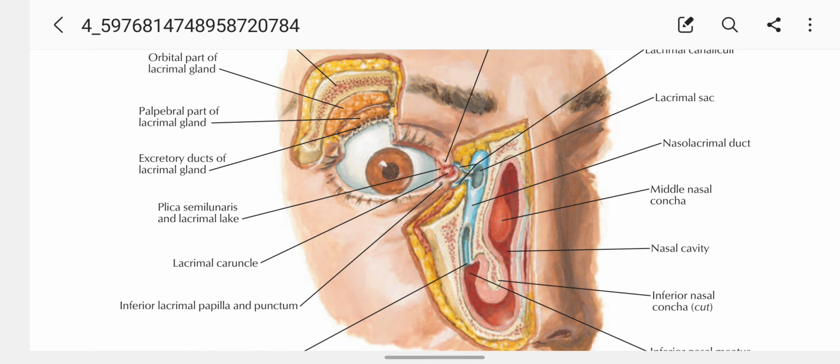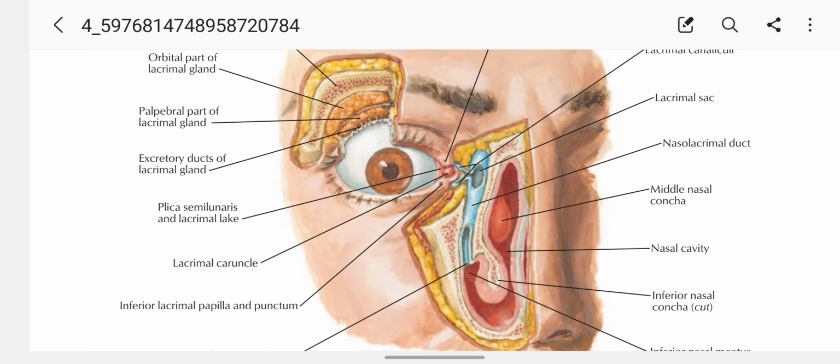From this lacrimal gland, the secretions go through the lacrimal ducts. There are about 12 lacrimal ducts. They enter the conjunctival sac. From the conjunctival sac, it is drained to the lacrimal punctum, and through the lacrimal canaliculi it reaches the lacrimal sac.